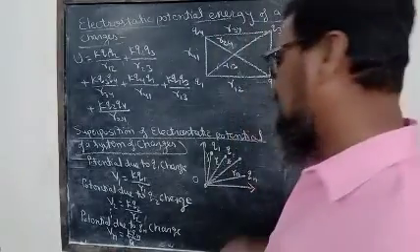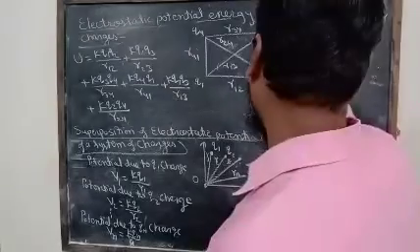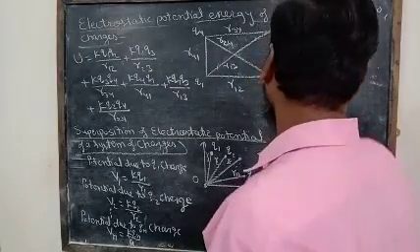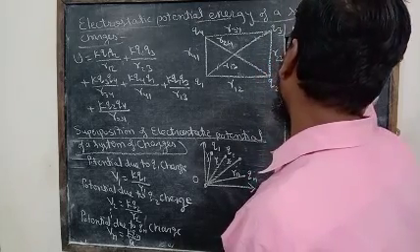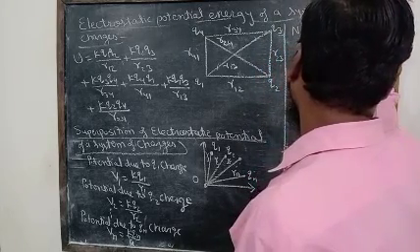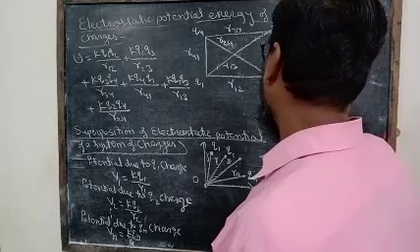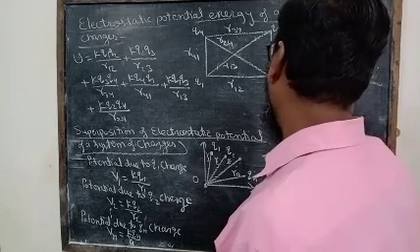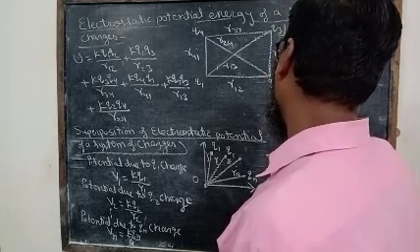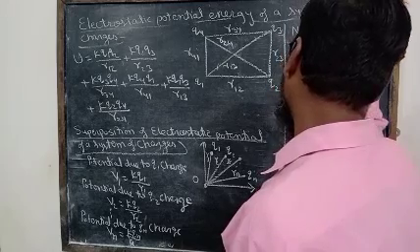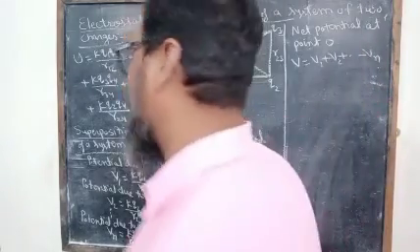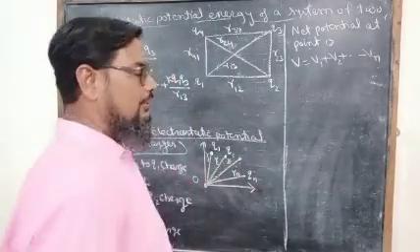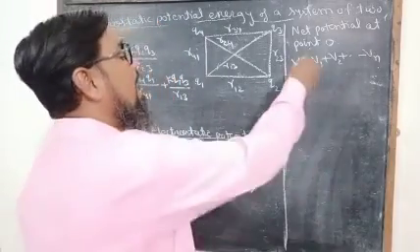So there are two kinds of potential. So the net potential at point O: V is equal to V1 plus V2 plus and so on up to Vn. Potential is a scalar quantity, so there is no need to put the vector sign.